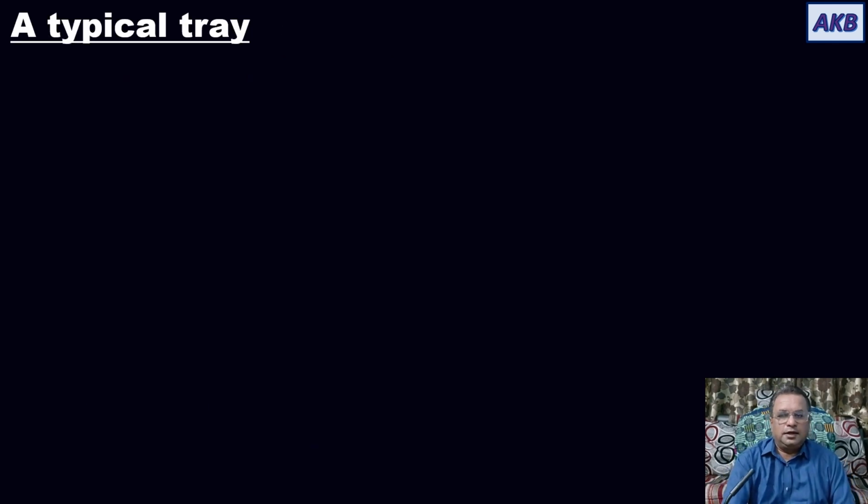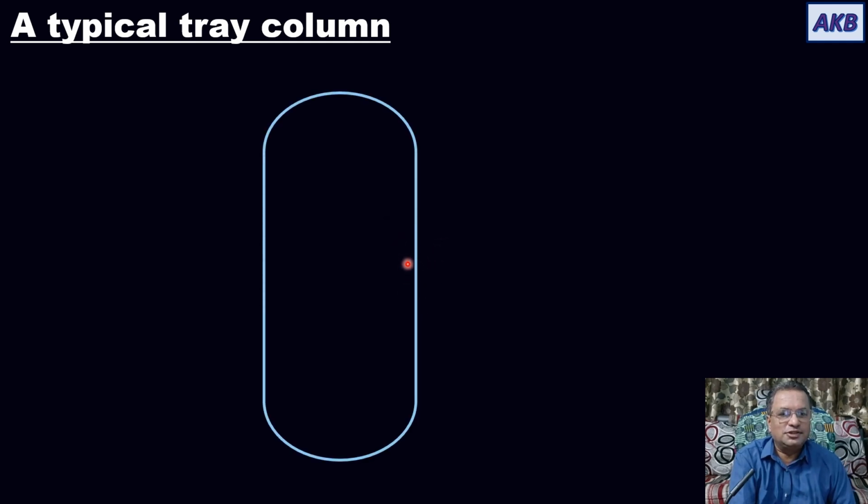Okay, so let us first know about a typical tray column. A tray column is a cylindrical vessel in which trays are provided. Each tray in the column acts as a device for contacting vapor and liquid phases.